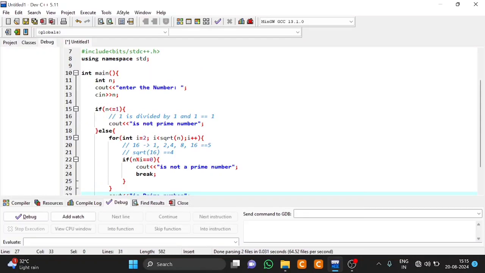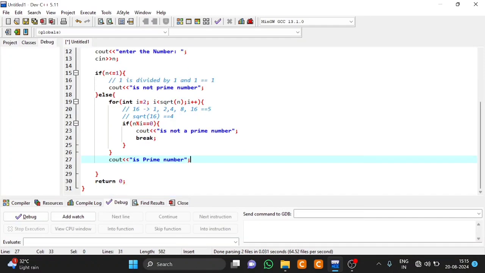The first statement: if n is less than or equal to 1, we print that the given number is not a prime number. The second condition: if any number divides the given number, then it is not a prime number. If no number divides n, then we print that the given number is a prime number.